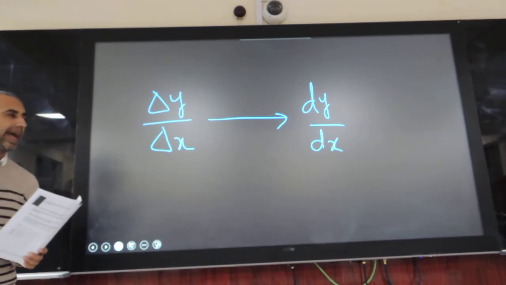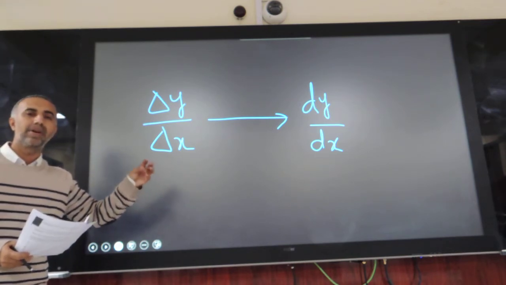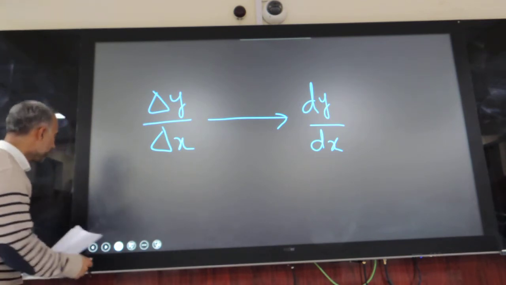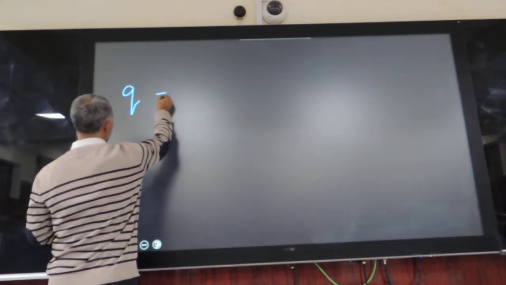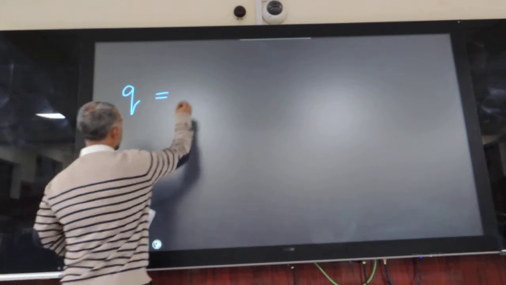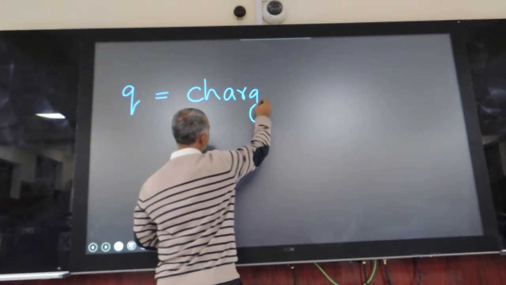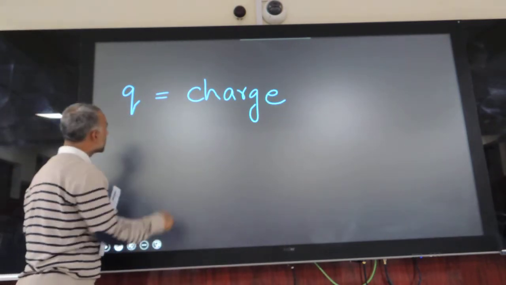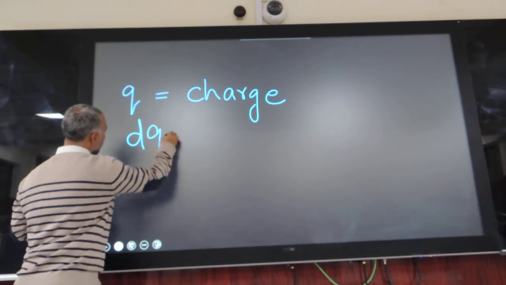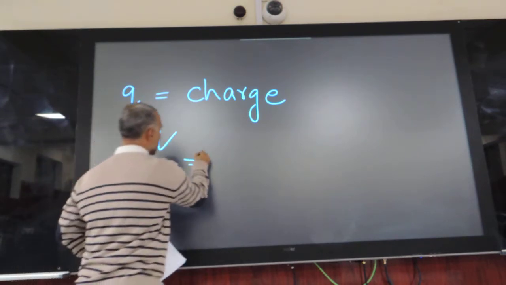Each and every nook and corner of our life follows the concept of a derivative. For a moment, take electric charge as an example: when we want to determine the rate of change of charge, it is known as current.